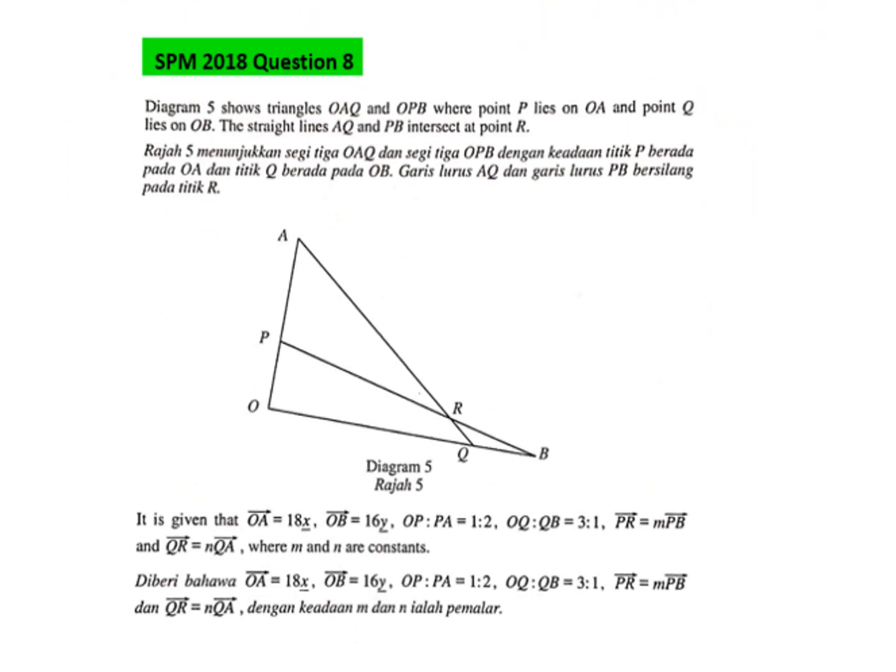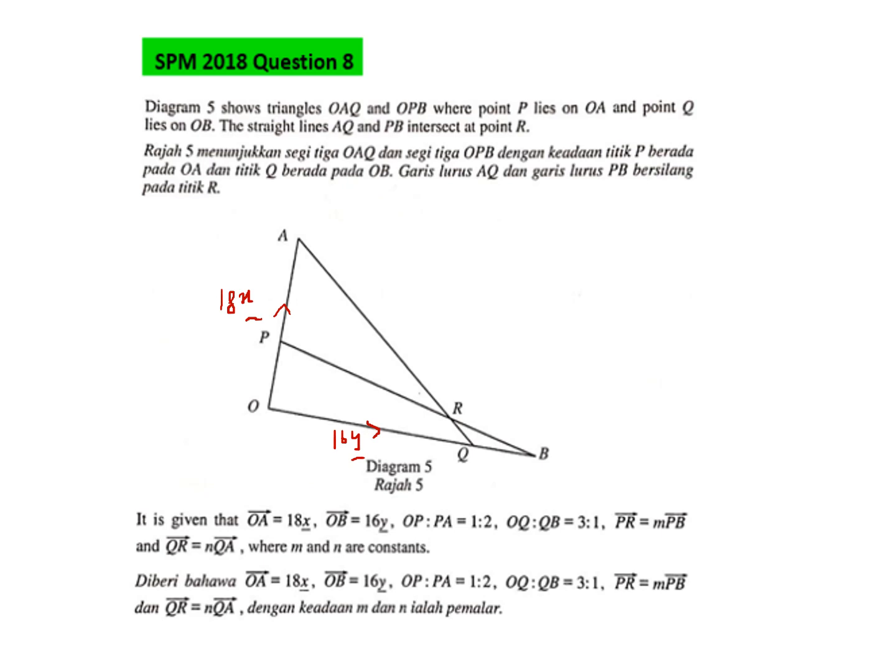Question number 2, SPM 2018, question number 8. Diagram 5 shows triangles OAQ and OPB where point P lies on OA and point Q lies on OB. The straight lines AQ and PB intersect at point R. It's given that vector OA is 18x. Vector OB is 16y.